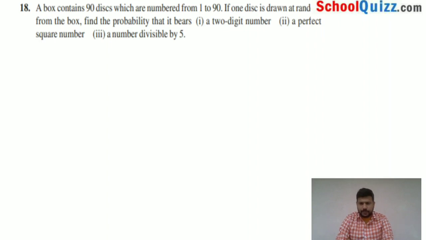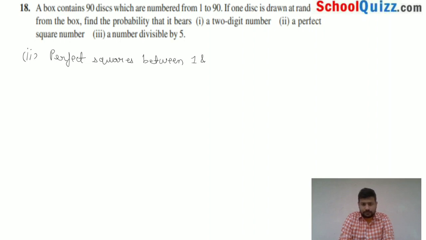Here we have to find the probability of getting a perfect square number. Now the perfect squares between 1 and 90 are 1, 4, 9, 16, 25, 36, 49, 64, and the last is 81.